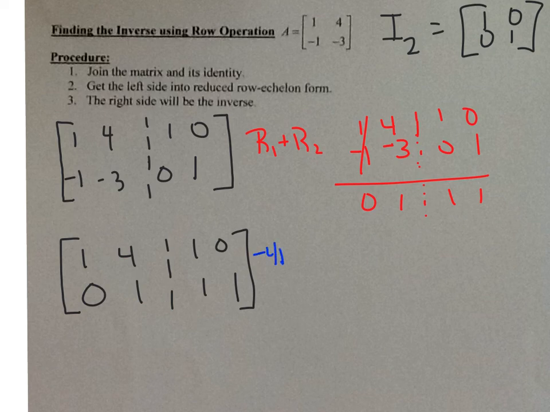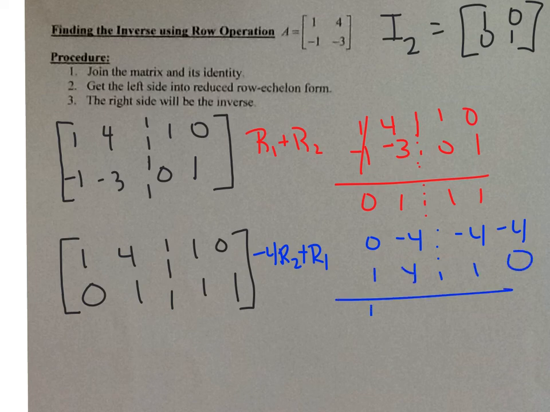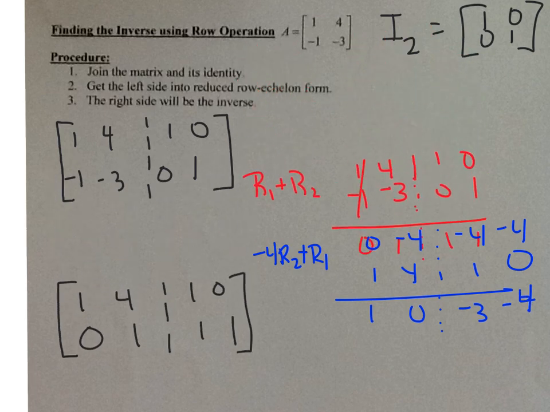So -4 row 2 plus row 1. -4 row 2 would be 0, -4, dot, dot, dot, -4, -4. Row 1 is 1, 4, 1, 0. So I get 1, 0, dot, dot, dot, negative 3, negative 4. And that is my new row.